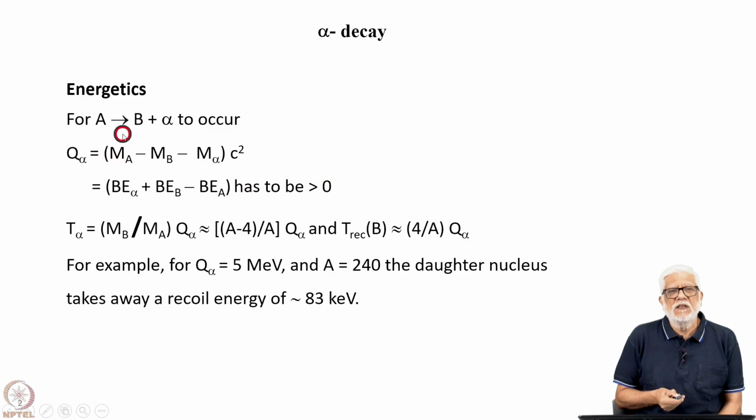This is just the difference between the mass of A and the sum of the mass of B and the mass of alpha. There are tables in the literature which tabulate the binding energies. So the binding energy of the alpha plus the B has to be greater than the binding energy of the A.